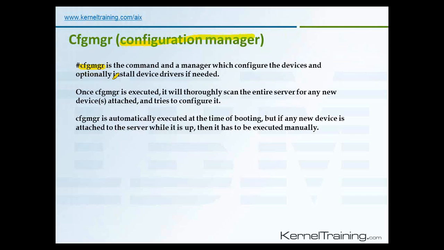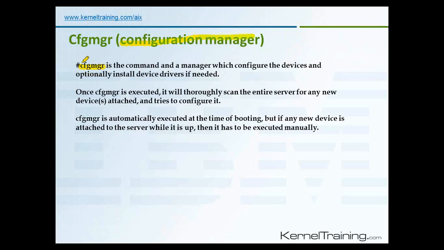See, what happens here is, whenever I connect any new device to my machine in Windows, it automatically starts detecting which device is connected and, according to that, tries to load the drivers. But unlike that, in AIX, whenever I want to connect any new device and configure it, I can connect the device, but to configure it I have to use the command cfgmgr.